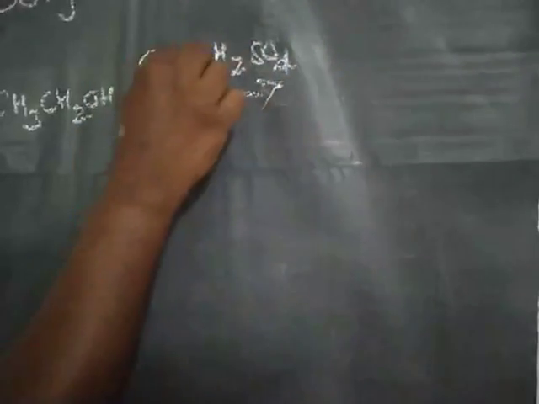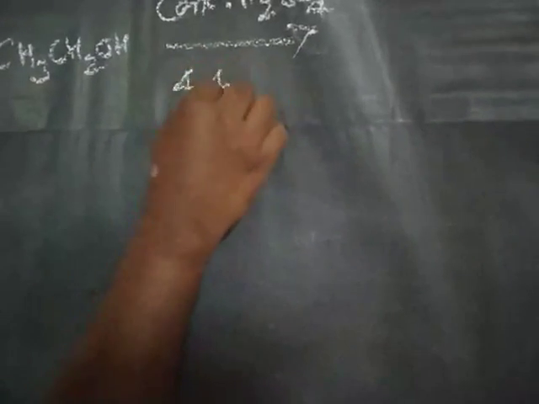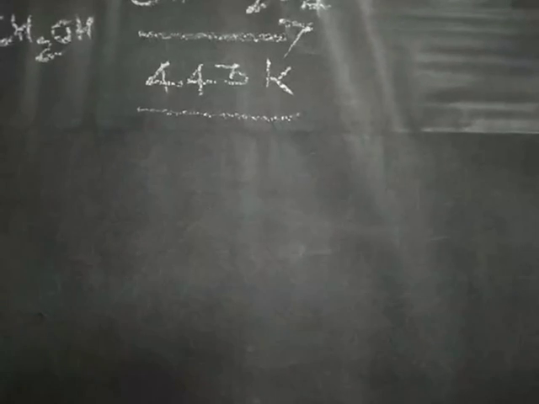When ethanol is heated with concentrated sulfuric acid at 443 Kelvin, here we should not use degree, it loses a water molecule, that is dehydrated from ethanol. Conc. means concentrated sulfuric acid.